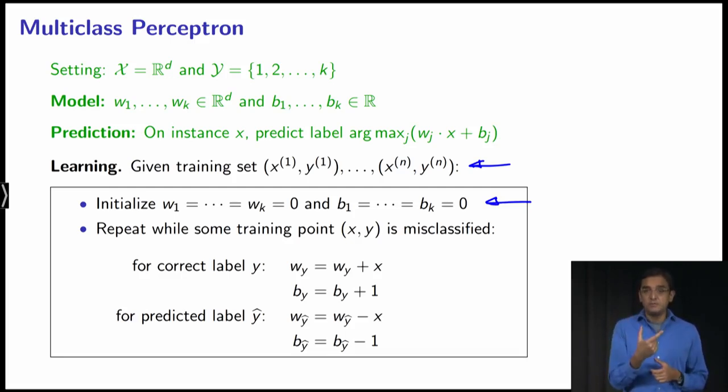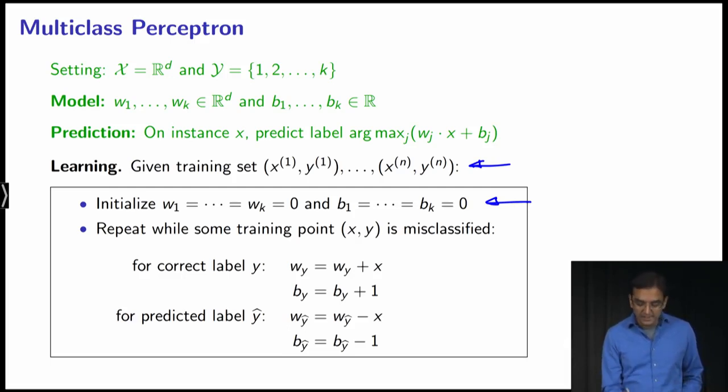And each time we come to a point that's misclassified, we do a little update. So we go through the data, and let's say that we arrive at a particular point x, y. The first thing we have to do is to figure out what label we would predict on x given our current parameters. Okay?